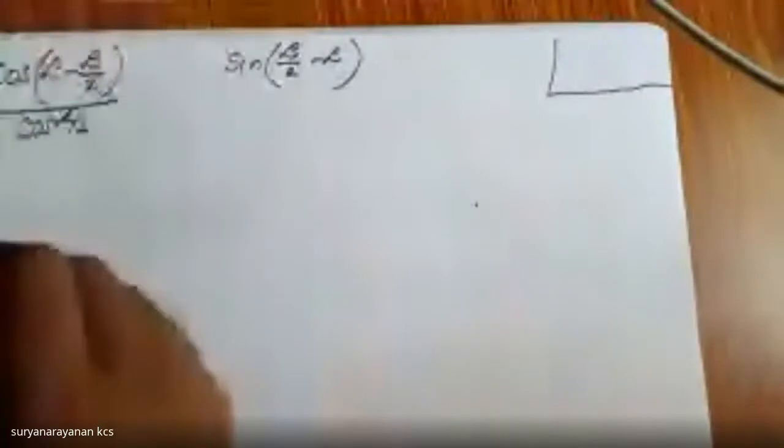Sin of A minus B. Here A means alpha by 2, so sin of alpha by 2 minus alpha, or you can take it in the reverse order with minus. Similarly, the denominator we write as it is, cos alpha by 2.